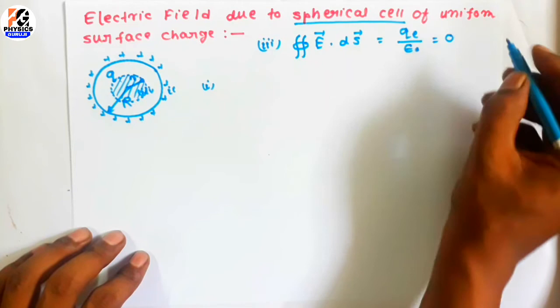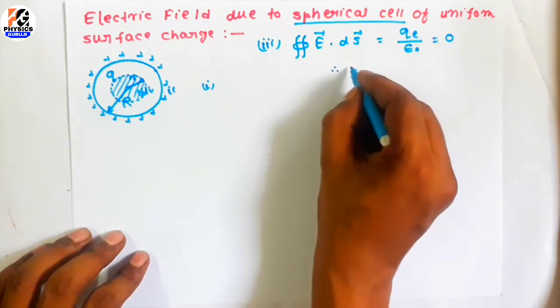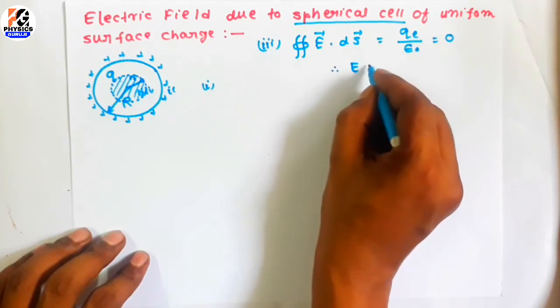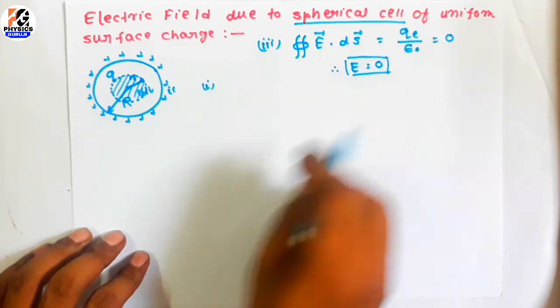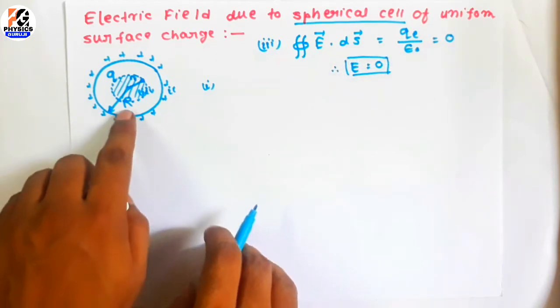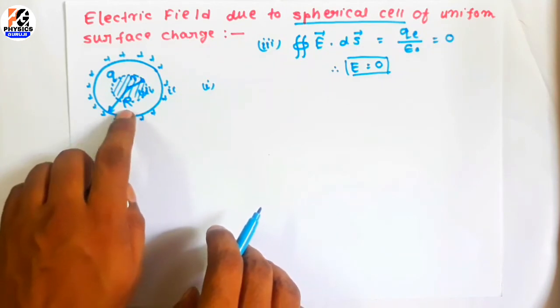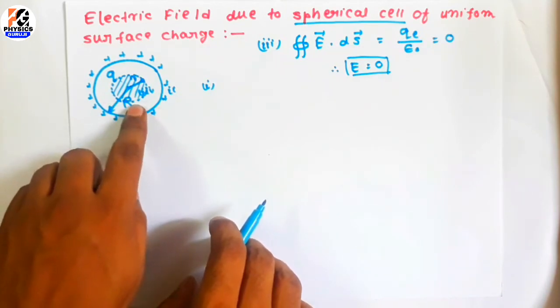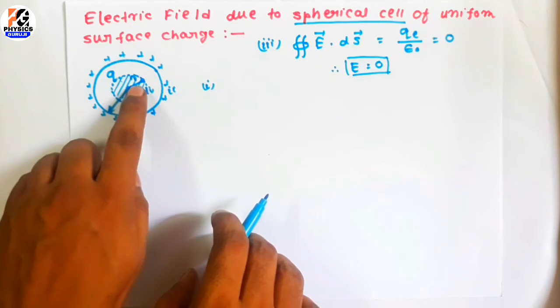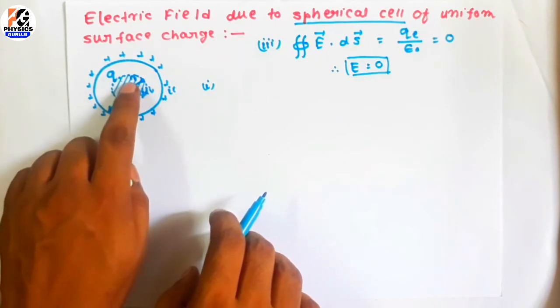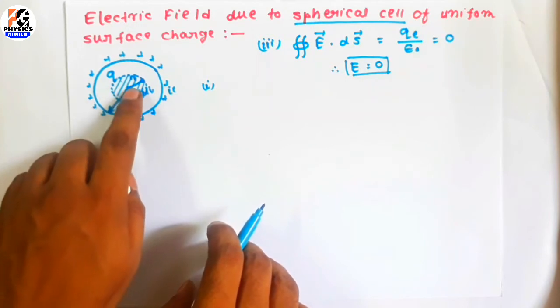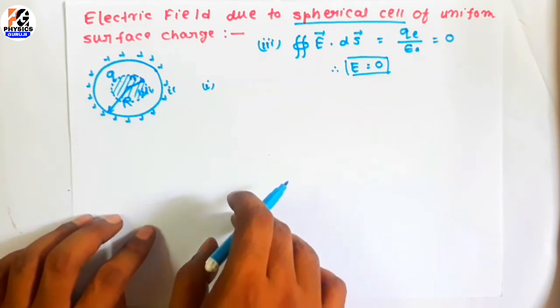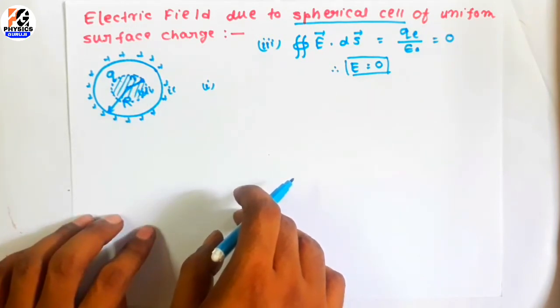So it becomes 0. Therefore we can say that inside the shell the electric field is also 0. That means for a spherical shell, or for a conducting solid sphere, the electric field inside is 0. That is why it is said that the electric field inside a conductor is always 0.